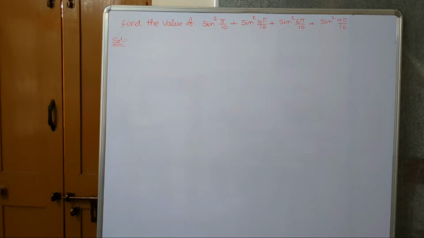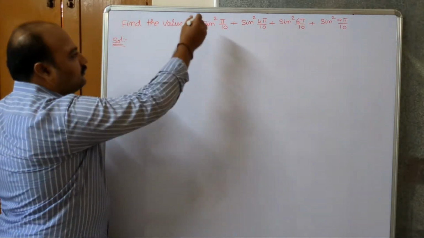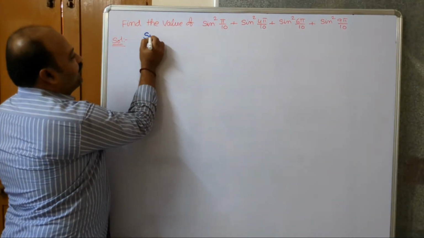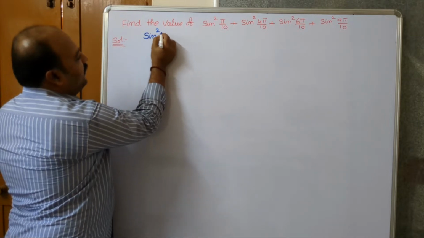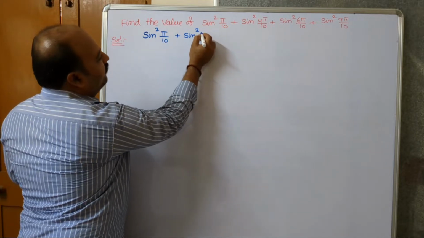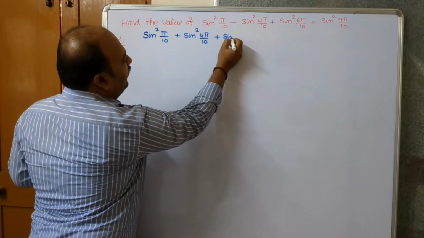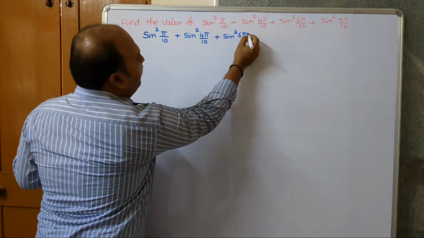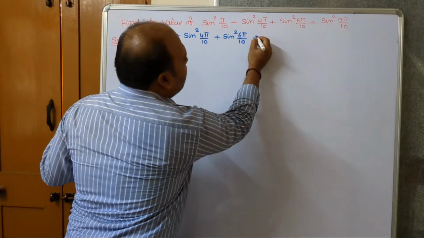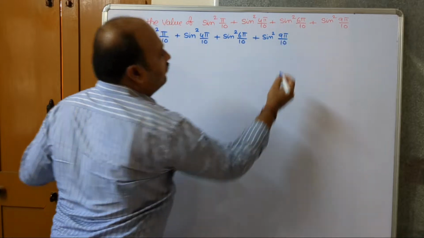This is a very simple one. First, what we have to do is write sine square pi by 10 plus sine square 4 pi by 10 plus sine square 6 pi by 10 plus sine square 9 pi by 10.